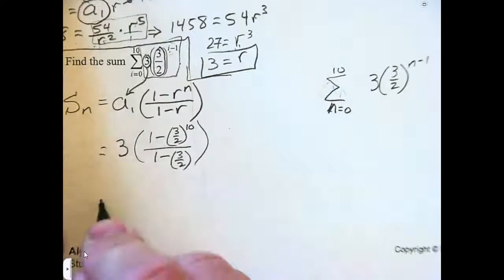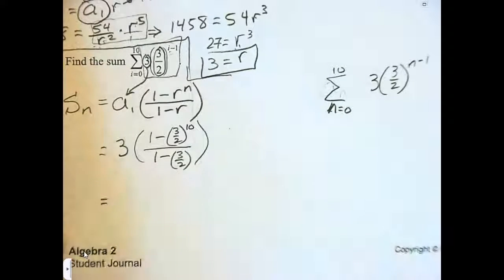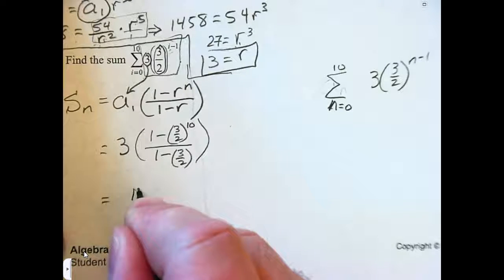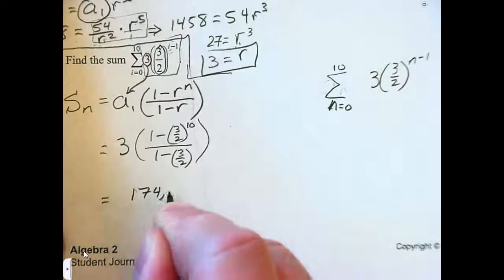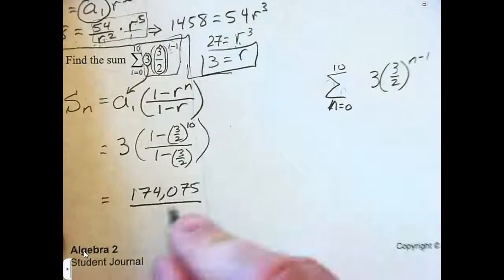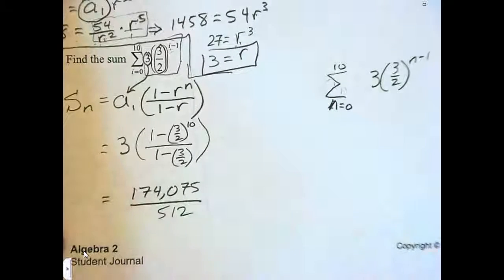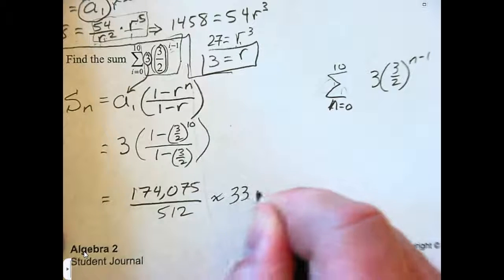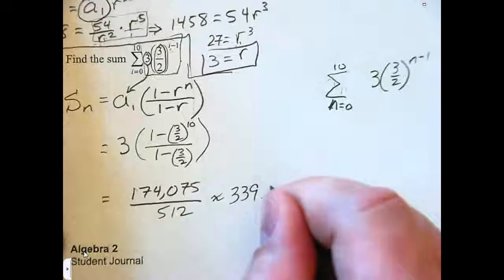We do the math. We multiply all this stuff out. You end up with 174,075 over 512, which is approximately 339.99.